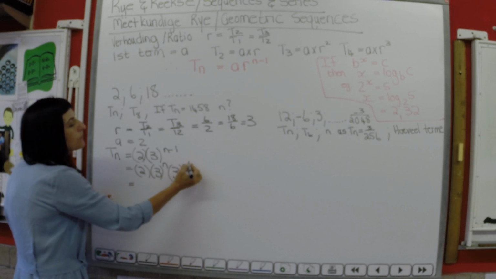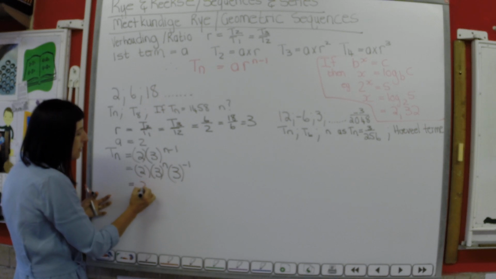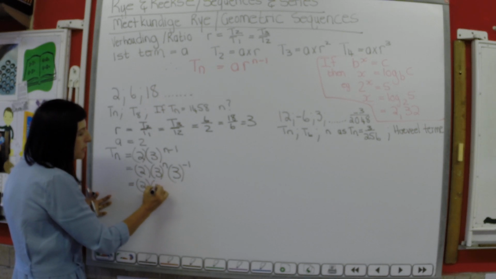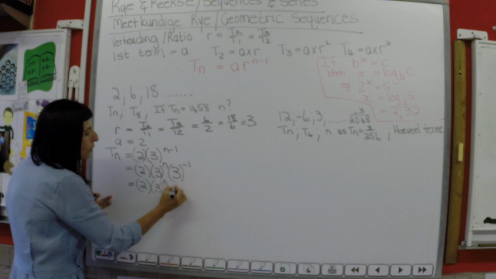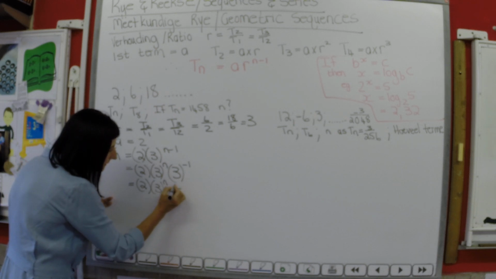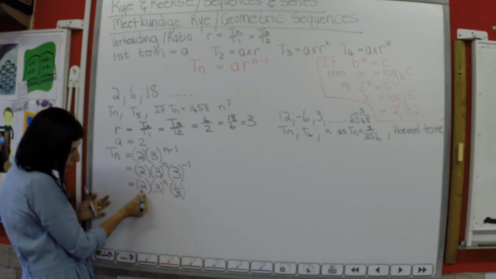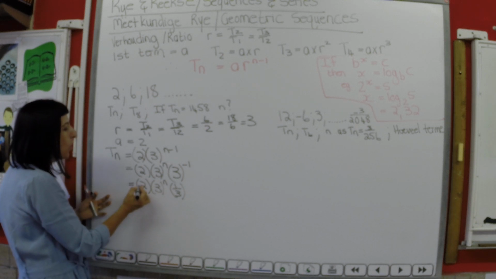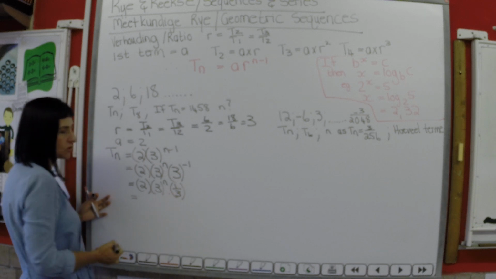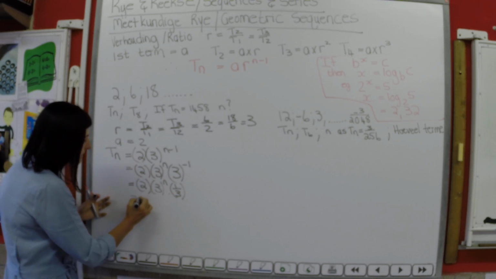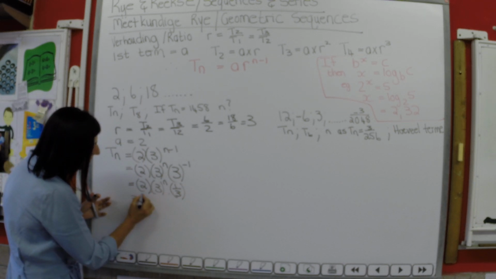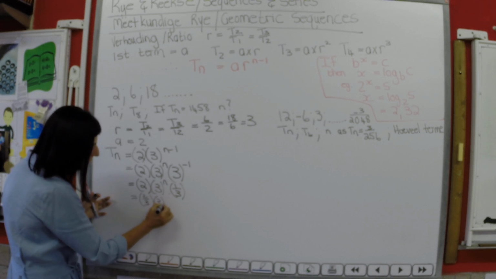As ek daai mag wil positief maak, dan skuif ek hom onder die deellyn in, dan word hy 1 op 3. En dan kan ek daai derde gaan maal met daai 2, that's allowed because now all of these are multiplication. So ek het 2 maal 'n derde, gee 2/3 maal 3 tot die mag n.